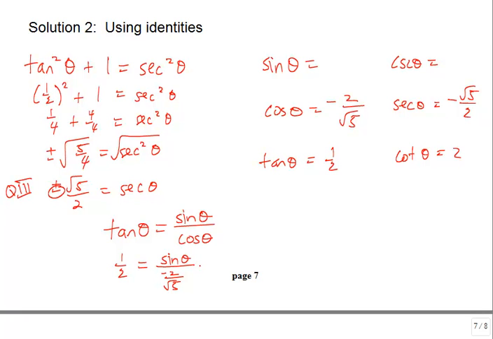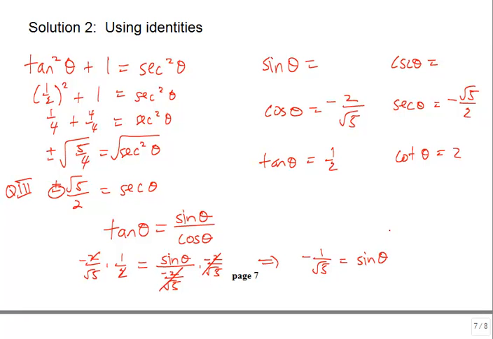Well, I can multiply by this denominator. So I'm going to multiply both sides by -2 over square root of 5 so that these two fractions cancel out. Likewise, these 2's will cancel out, and what we end up with is -1 over root 5 for sine.